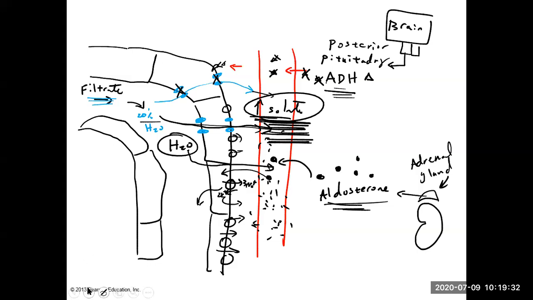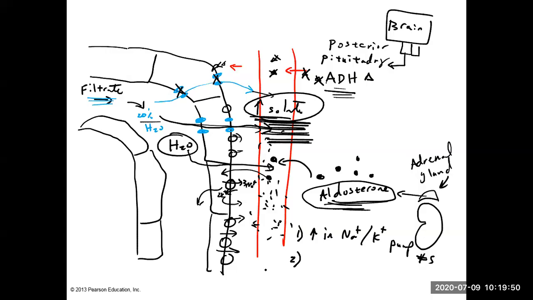So the effect of aldosterone is an increase in sodium potassium pump numbers, so you have a lot more. Number two, again, these cells have a lot of mitochondria too, so they could feed off the sodium potassium pump, and the pumps are working at a faster rate, all right?